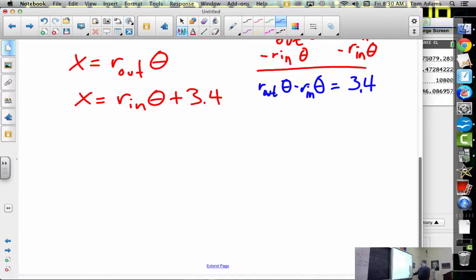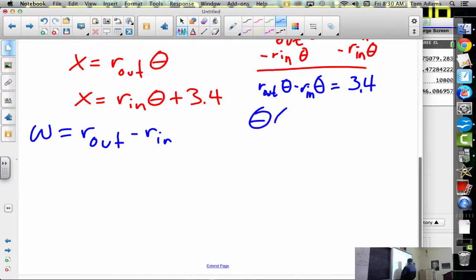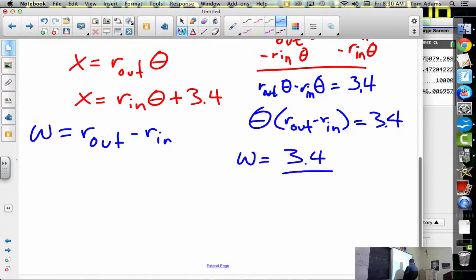So now we said that what we're looking for, the width of the track, is equal to the radius of the outside minus the radius of the inside. So I've got to get those thetas out. If I factor out theta, I get the radius on the outside minus the radius on the inside is equal to 3.4 divided by theta, or my width is equal to 3.4 divided by theta.